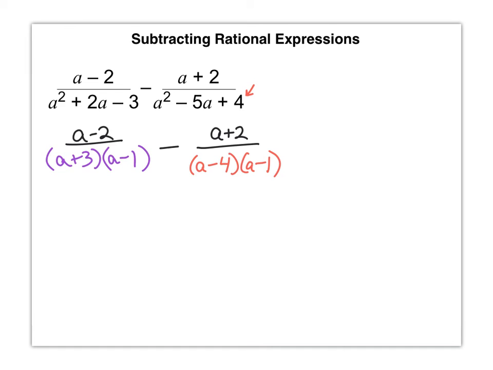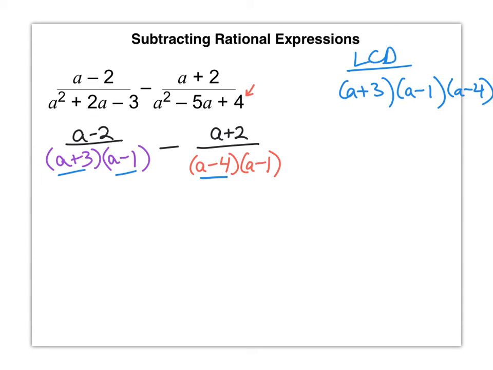So our LCD would have to contain each one of these factors. We would have an a plus 3, an a minus 1, an a minus 4, and an a minus 1. Since we already have it represented there, we don't need to add it again.